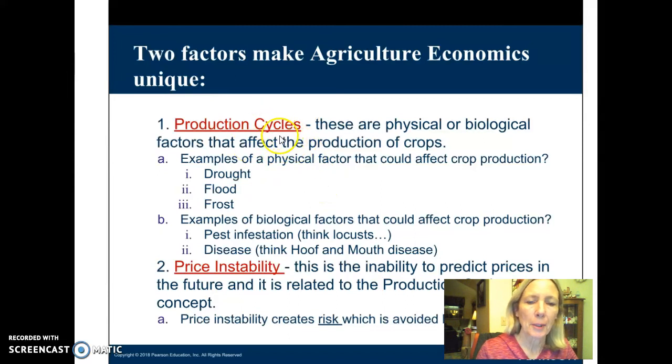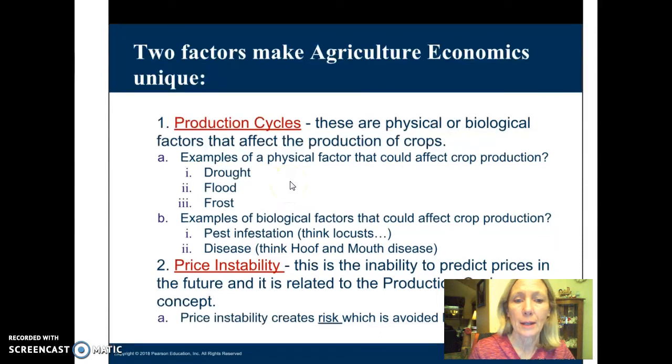The biggest thing you can remember as far as production cycles making agricultural economics unique is that we have drought, flood, frost, weather factors that influence production in agriculture. And they don't influence production in any other type of business, but agriculture is highly influenced by the weather. So that makes agriculture unique, and in turn that makes agricultural economics unique.